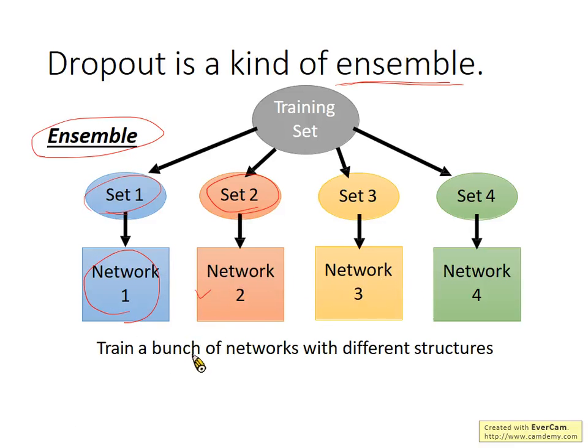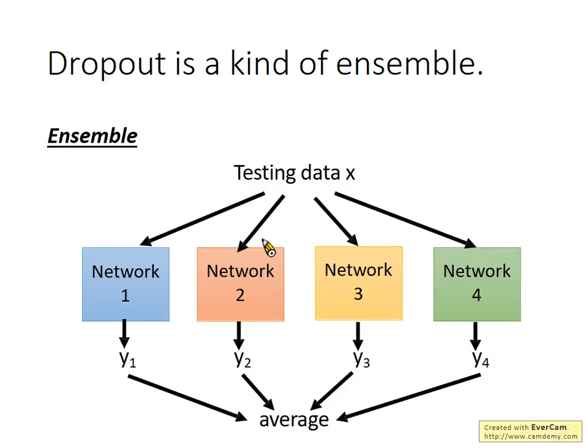So we can train a bunch of networks with different structures. When given testing data, we input it to the different networks to get different results, and then we may take the average or another fusion method to recognize the testing data.